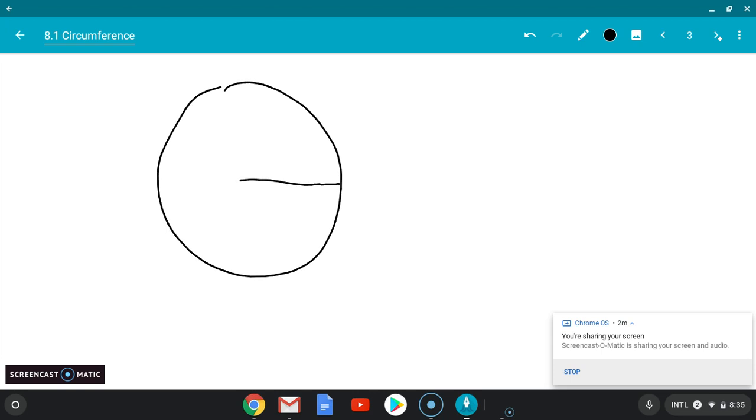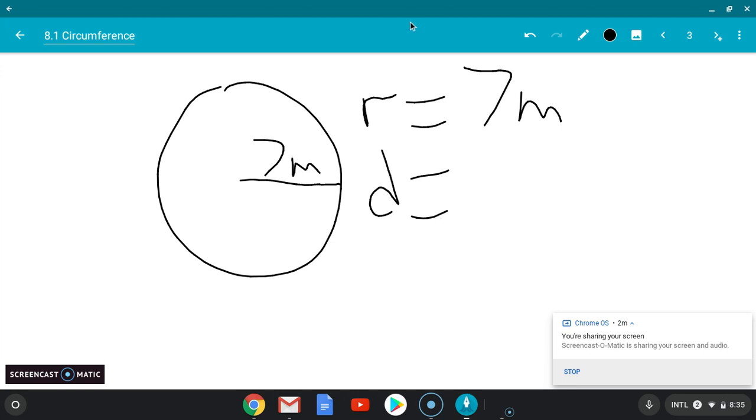And we're told the radius equals 7 meters. Diameter then, well, if the radius is the middle of the circle to the outside, right, the diameter is double the radius. So the diameter in this case would be 14 meters. You take the radius, multiply it by 2, you get the diameter. All right, so we want to be able to go back and forth between radius and diameter.